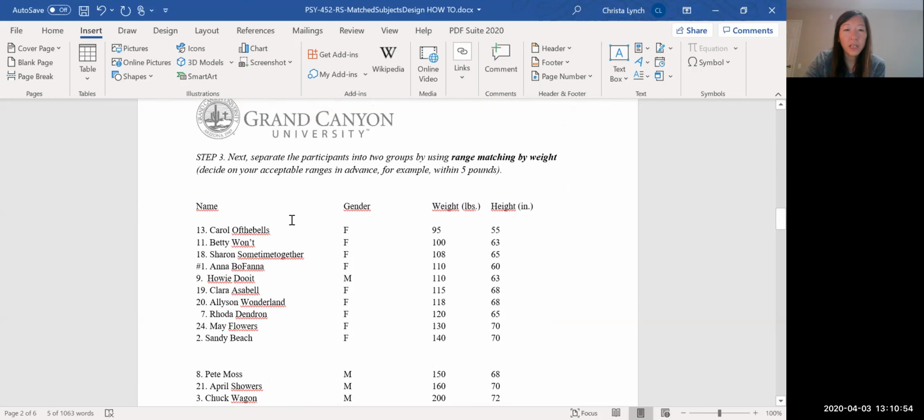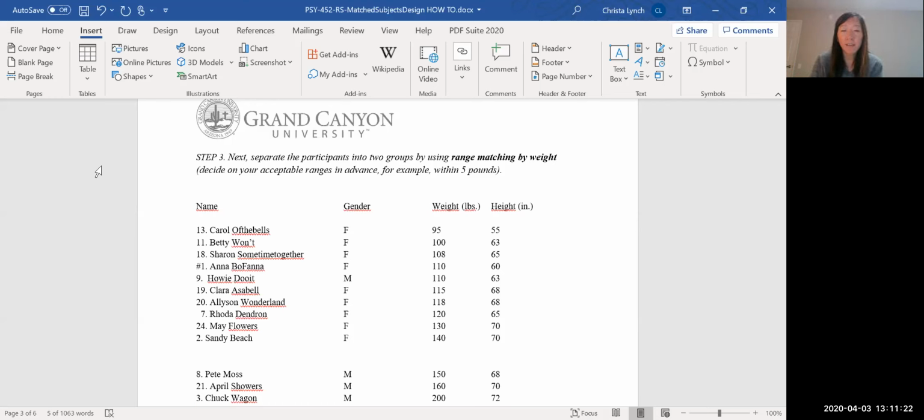Then step 3, separate the participants into 2 groups by using range matching by weight. So what happens with range matching is that you have a predetermined score. In this case, the unit is pounds, right? So you might say, okay, I'm going to match as close as I can as far as this particular variable goes.